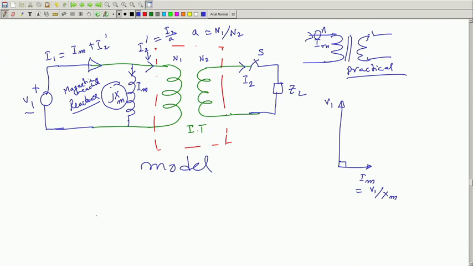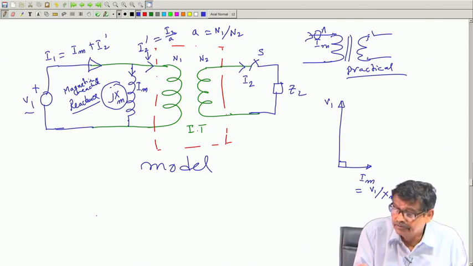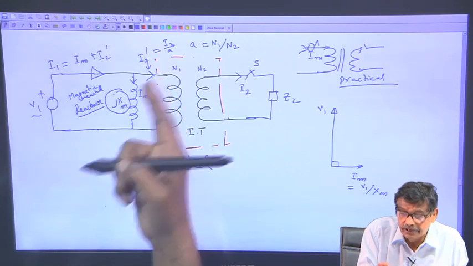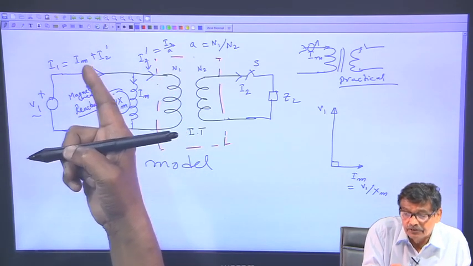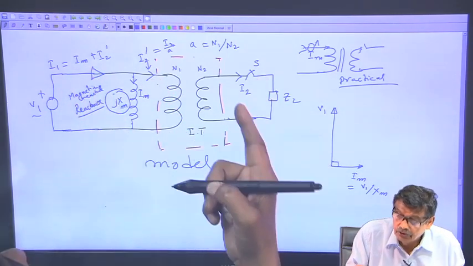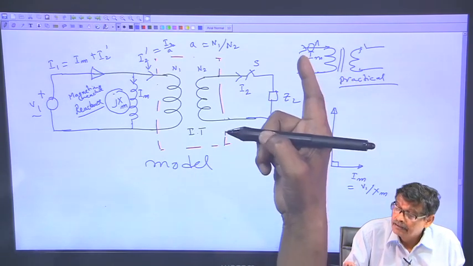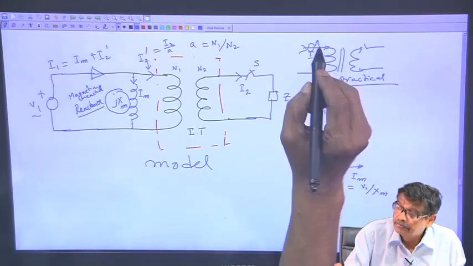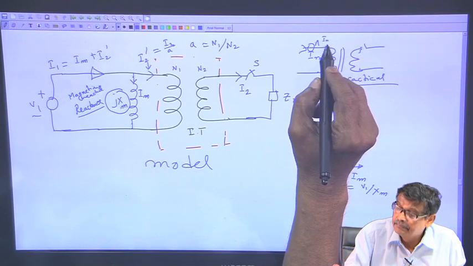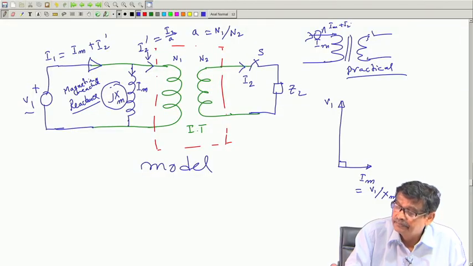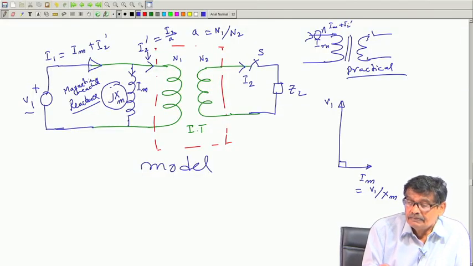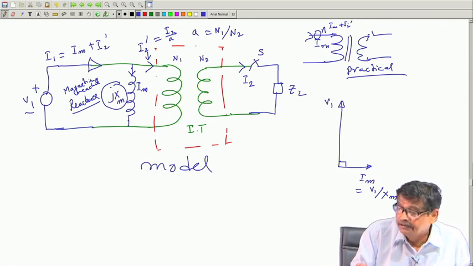With S open, the current drawn is Im, because there was no I2, there is no I2 dashed, so I1 is equal to Im. With S closed, the current in a practical transformer, we have seen, is Im plus I2 dashed. Yes, it is correctly representing.